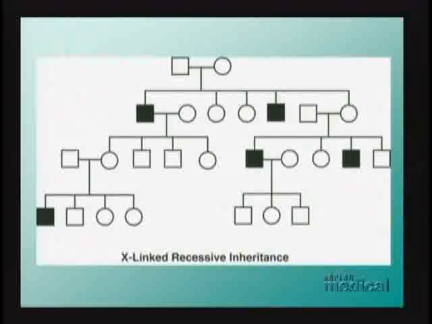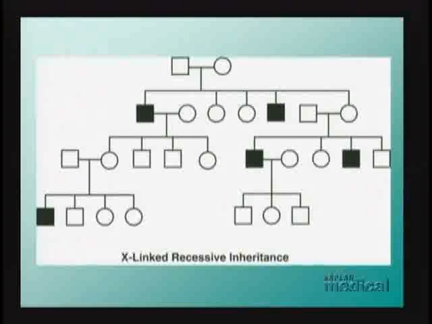However, if a female inherits a mutant X chromosome, almost always she will have a normal X chromosome to hide the effects of that mutation. So the typical pattern for X-linked recessive will show only males being affected.